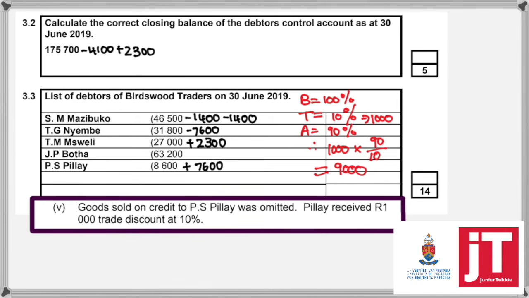So goods sold on credit means that he owes us more money. This transaction was omitted, which means it was left out. We will need to make changes in both the debtors control account as well as in his personal account. So we're going to say plus 9,000 in the control account and plus 9,000 in Pele's account.